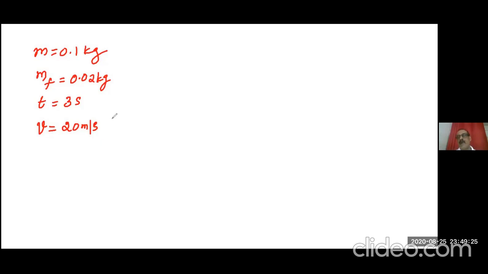What is the approximate thrust of the rocket? Next question. What is the energy content per unit mass of the fuel?